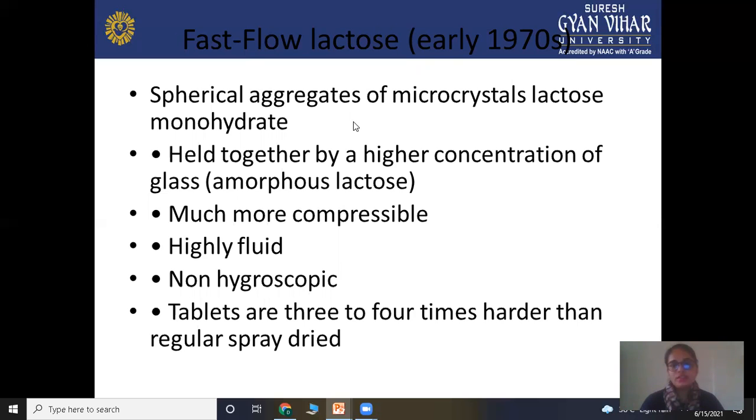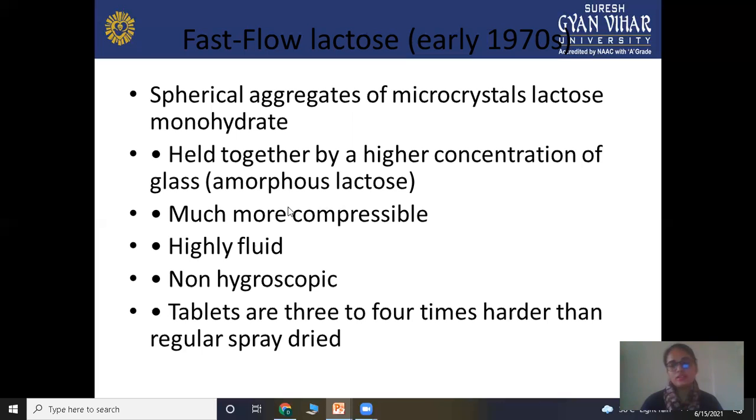Means this fast flow lactose is mainly available in a spherical shape, a spherical aggregate of microcrystalline form, available in monohydrate form, and held together by a higher concentration of glass. In this, a higher concentration of glass is present compared to amorphous lactose. Much more compressible, easy to compress.